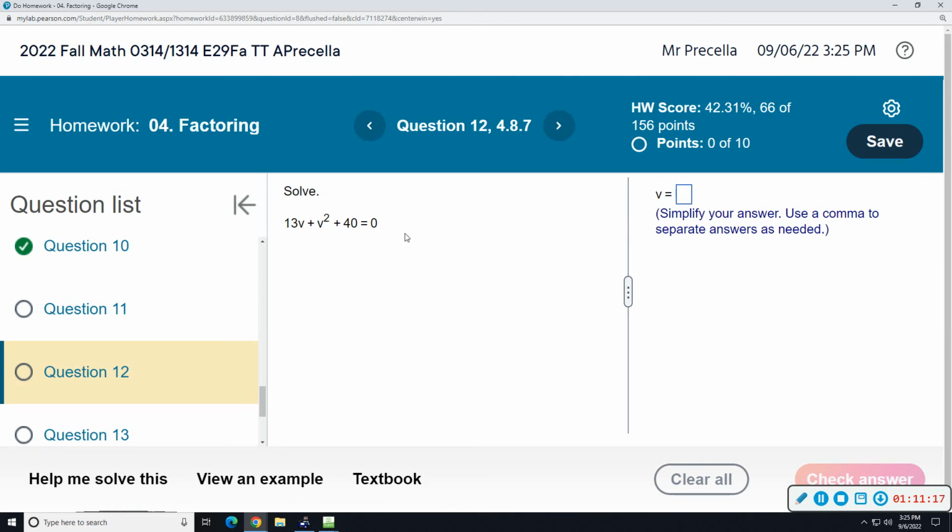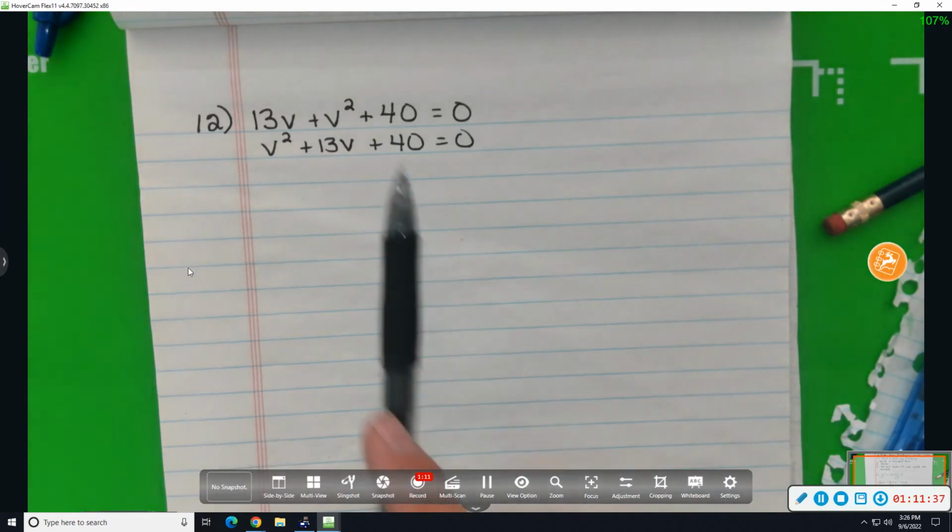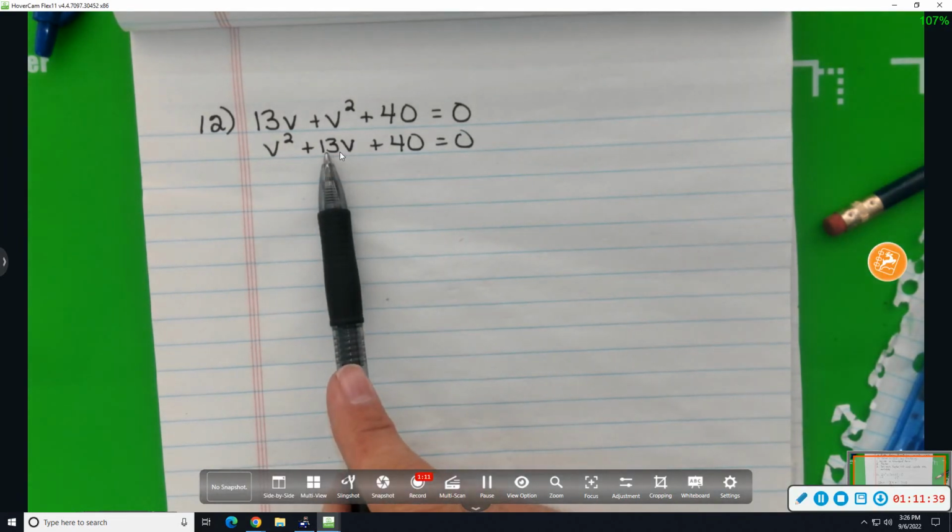Okay, so this one is not in standard form because the v squared isn't first. So I'm just going to rewrite it as v squared plus 13v plus 40 equals 0. Sometimes when you're rewriting this, students will want to change the 13 to a negative.